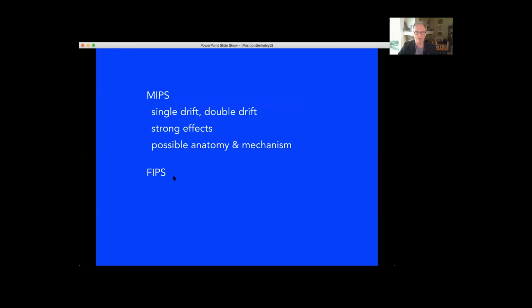And then the second part, of course, what you're here for, is Stuart's and my, and Mark's, sorry, Stuart, mine, Mark, new outing into frame-induced position shifts. And these are a close relative of induced motion. So any of you who have done induced motion, and that's people like Ken and Stuart and others, know a lot of this literature.